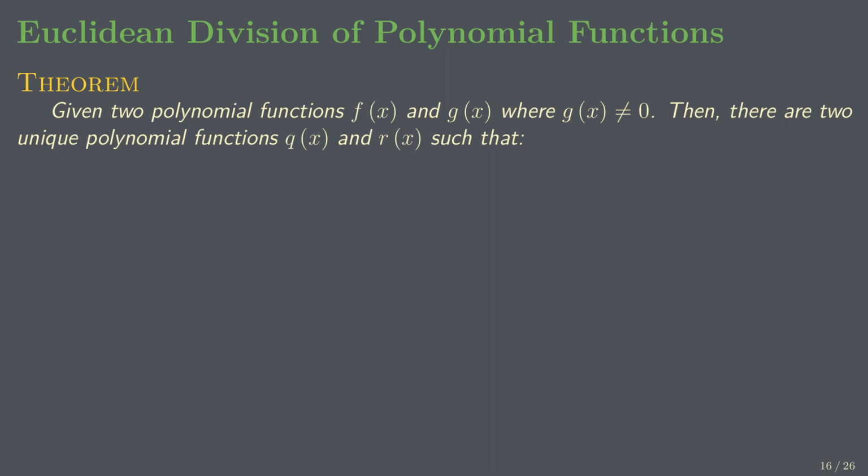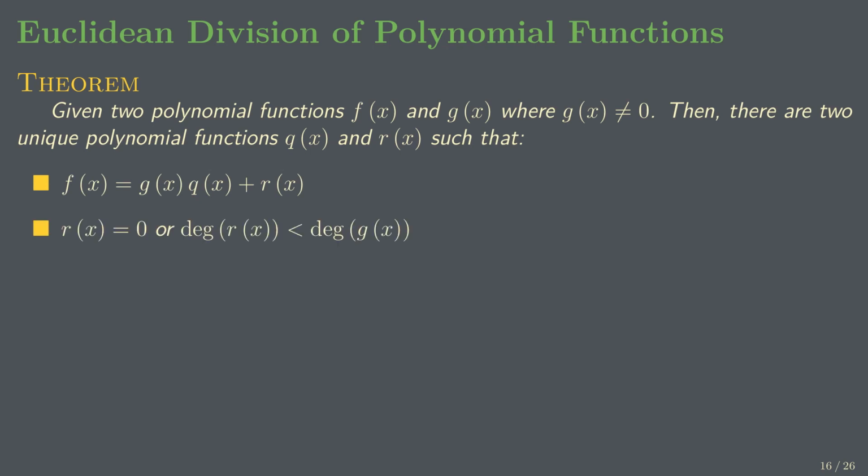Given two polynomial functions f(x) and g(x), if g(x) is not the zero polynomial function, then we can find unique polynomial functions q(x) and r(x) such that first, f(x) is equal to g(x) times q(x) plus r(x), and secondly, r(x) is equal to 0, where we have no definition of degree, or the degree of r(x), when defined, is strictly less than the degree of g(x).